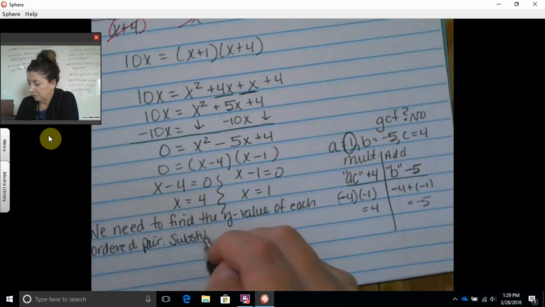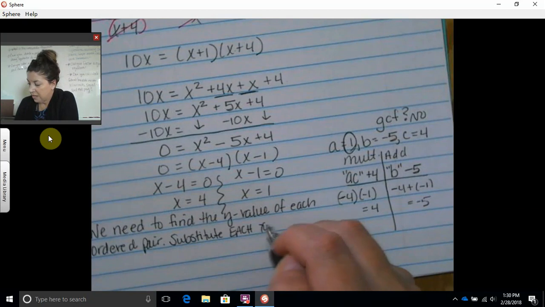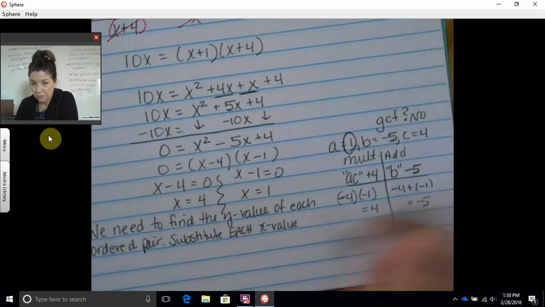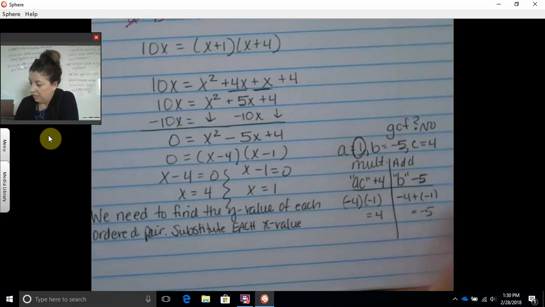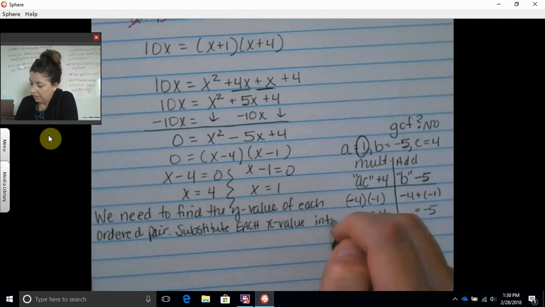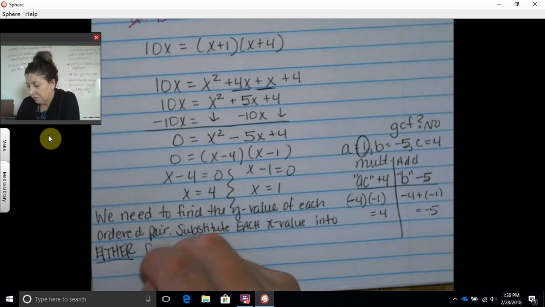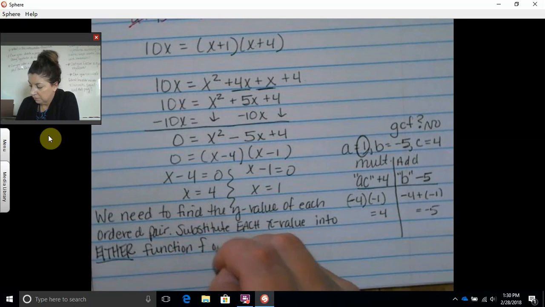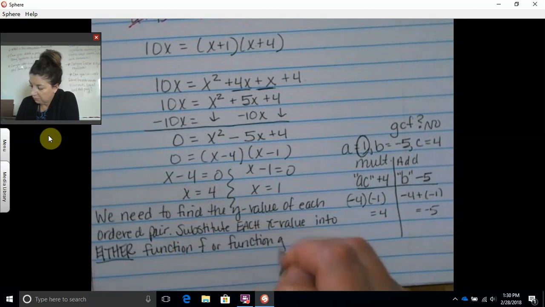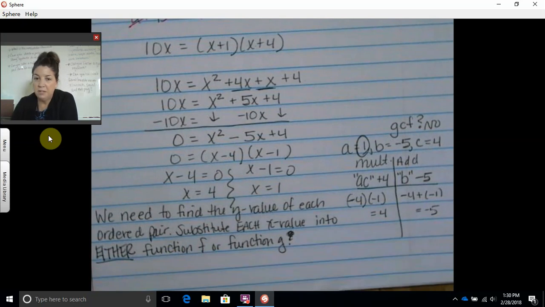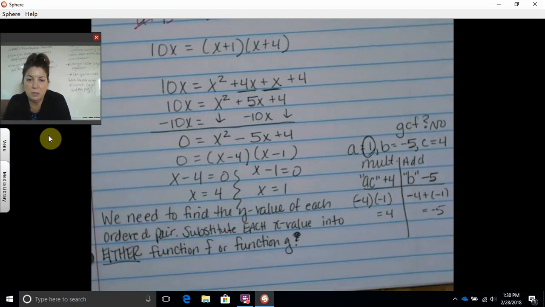Substitute each x value into either function f or function g. I didn't mean to put a question mark looking thing, I just meant to put a period.